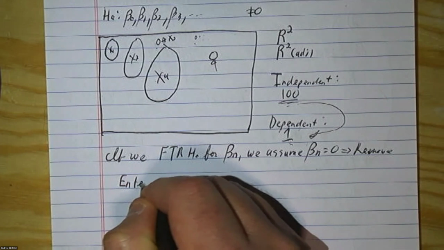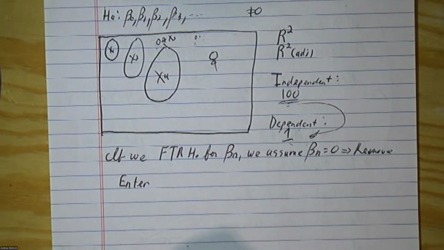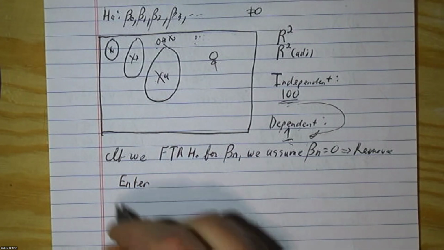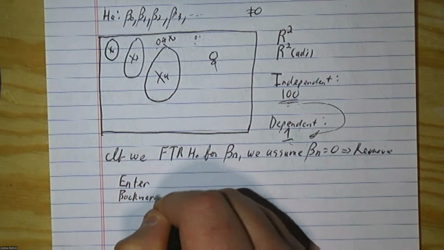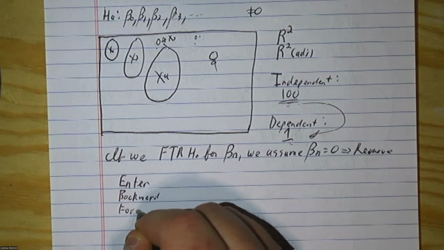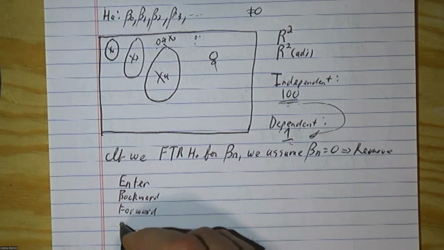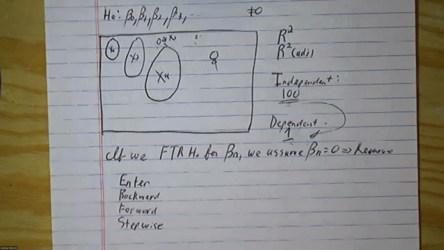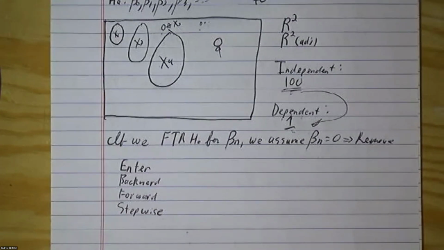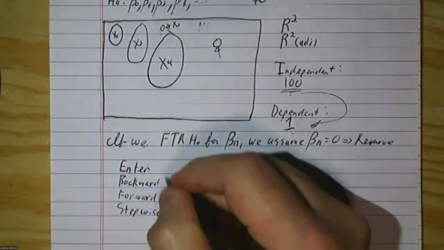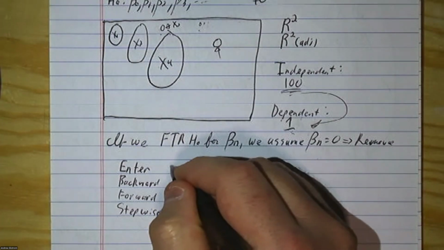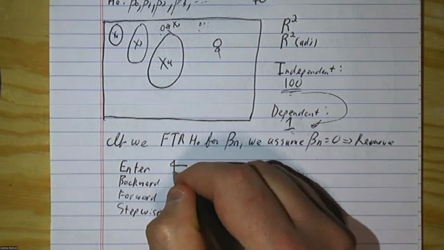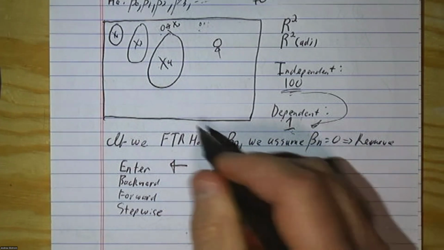Now, if we're doing this with SPSS, we have some things to look at. There are methods that we can deal with this that are called enter, backward, forward, and stepwise. Because of a lot of the issues that we were talking about last time, the method that we're supposed to use is enter.